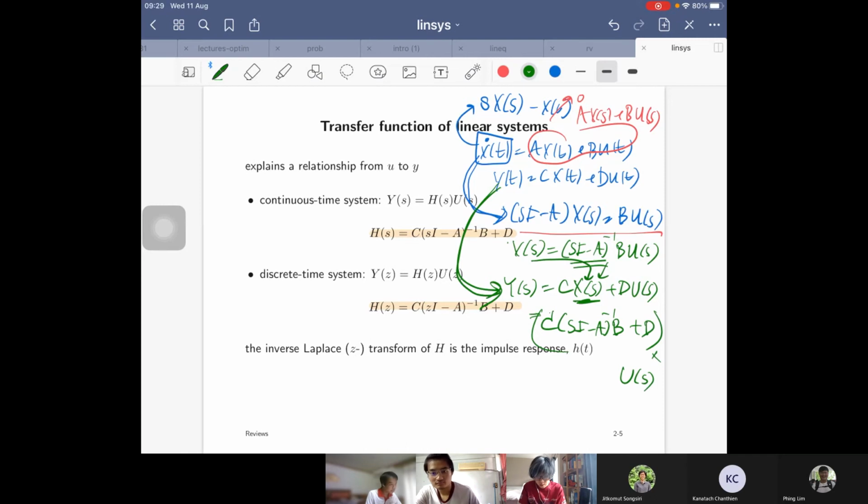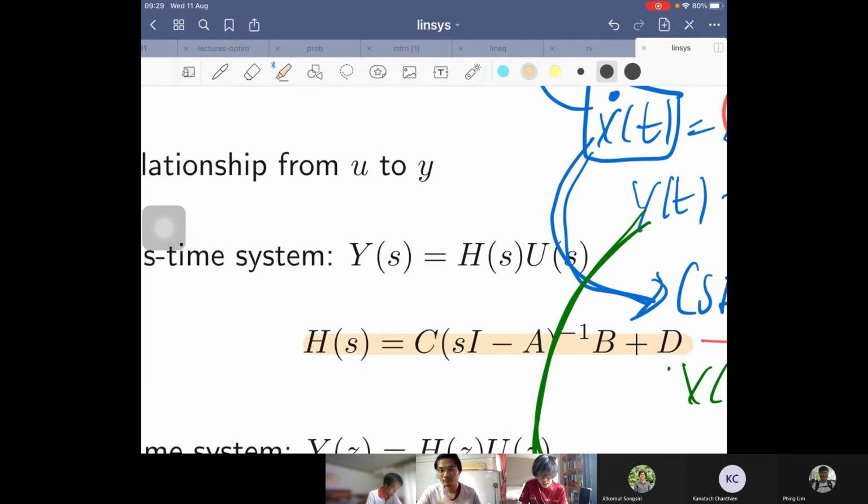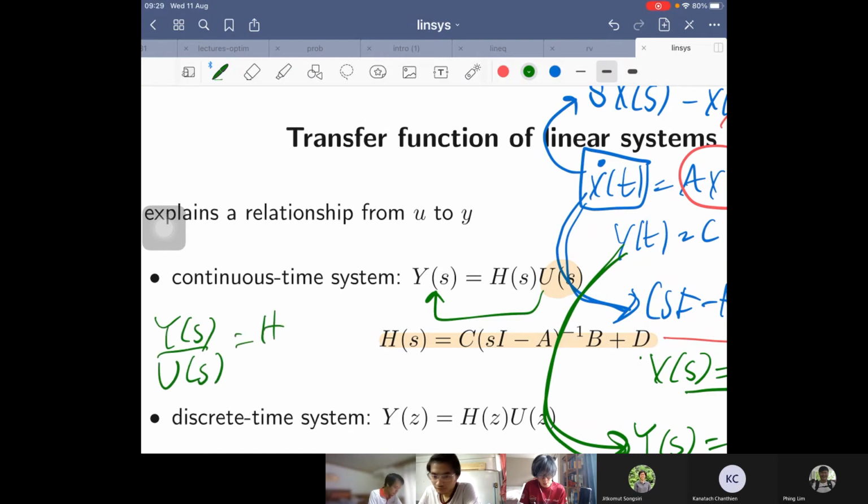The transfer function, please review in control. The transfer function, as the name suggests, transfers the effect from U to Y. In the scalar case, if everything is scalar, we commonly use the quotient between Y and U to define the transfer function.